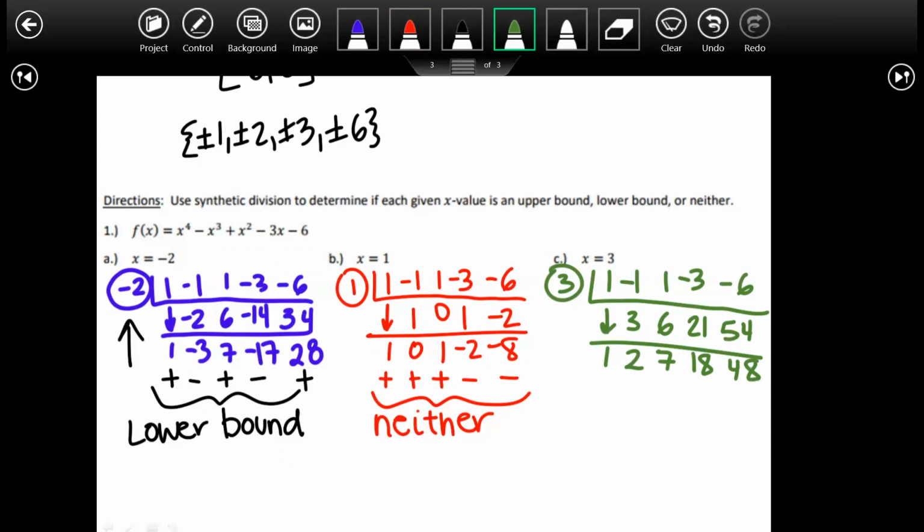Are these all positive? Positive, positive, positive, positive, and positive. Our answer is positive. These are all positive. That makes it an upper bound.